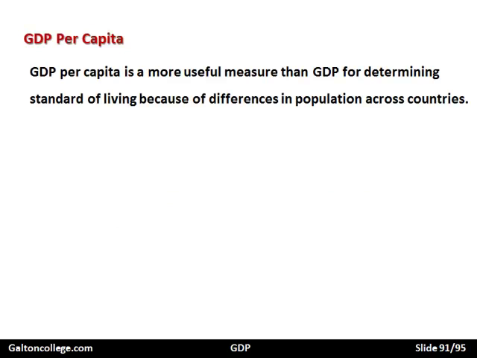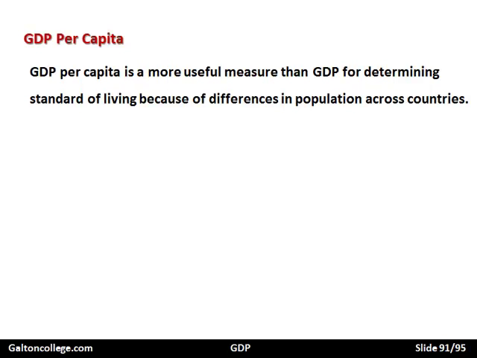GDP per capita is a more useful measure than GDP for determining standards of living because of differences in populations across countries. When we're trying to work out which country is richer, we look at the size of the countries and we look at their GDP per head.